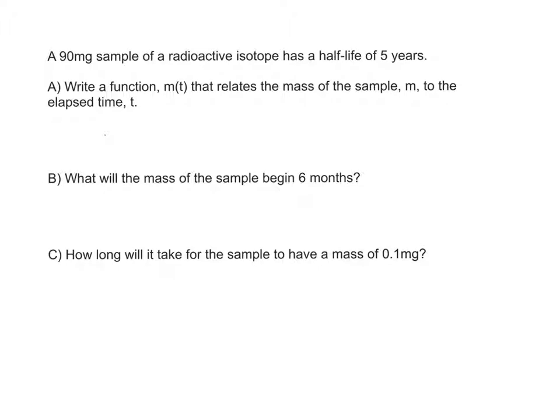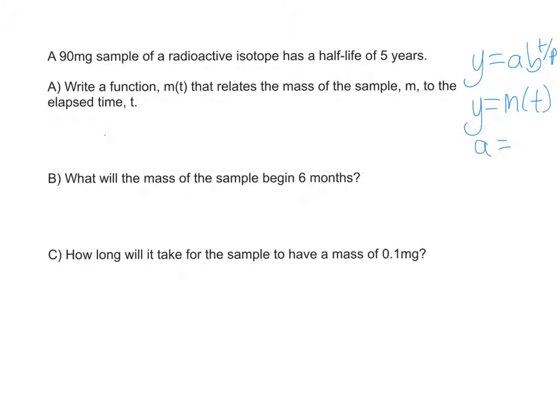So this asks us to write a function m of t that relates the mass of the sample m to the elapsed time t. It's going to be something like what we saw on the other page: y equals a b to the power of t over p, where y we're going to call m of t.